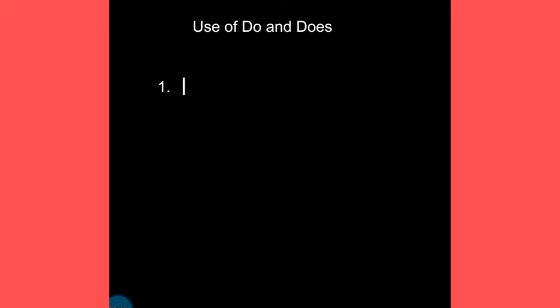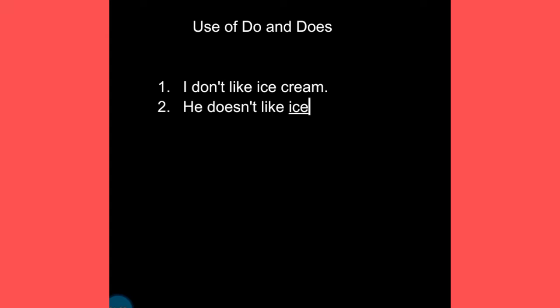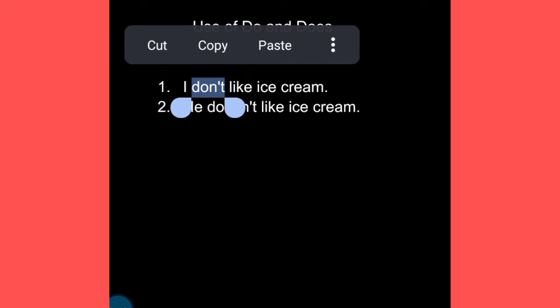For example, I don't like ice cream. Although there are very few people who may not like ice cream, just for the sake of example, I'm making it. And if I replace I with he, it would become he doesn't like ice cream. So this is one situation where, as you can see, we use do and say does.